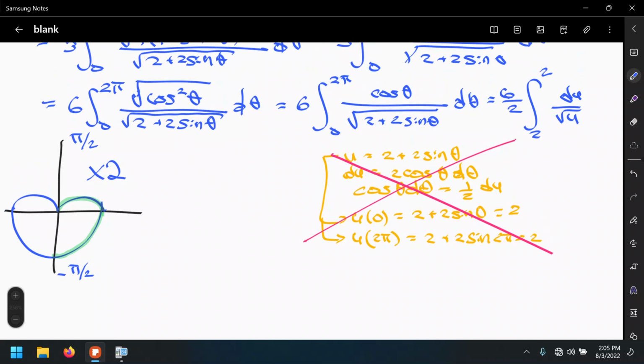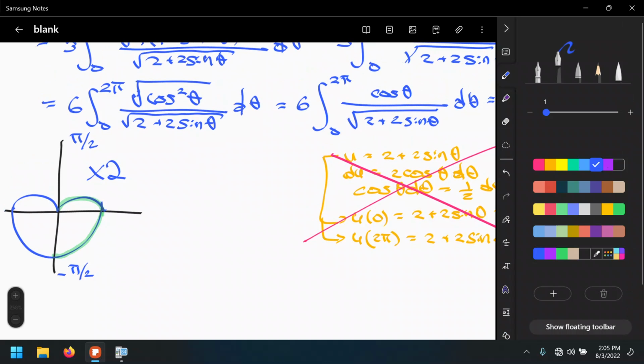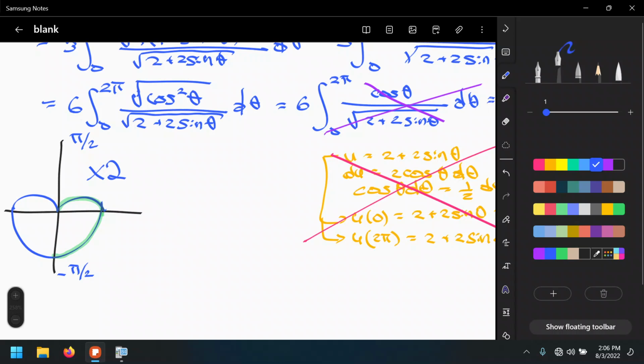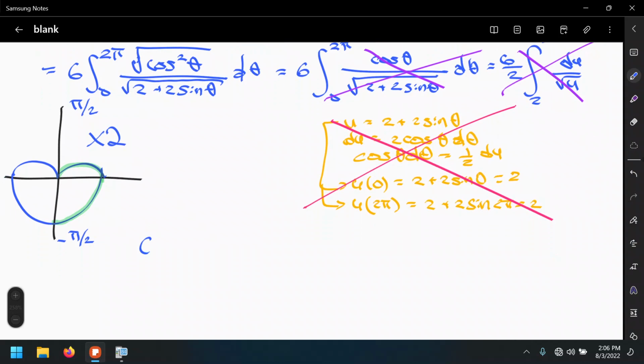So, well, in the first place, again, let me also scrap this integral as well and redefine: 6 times the integral from negative pi over 2 to pi over 2. And in this case, I know negative pi over 2 and pi over 2 are symmetric values, but the region of integration is not, so we cannot use that another multiplication by 2.